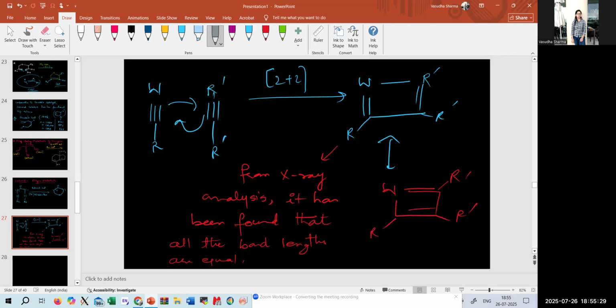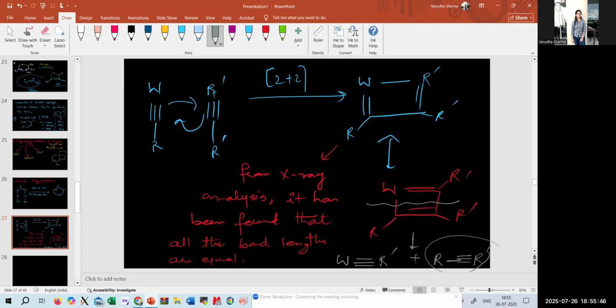So this will form a new Schrock catalyst, which is W R dash, and a new alkyne with this group. Earlier it was R dash R dash, now it is R and R dash. So this is where the alkyne metathesis happens.